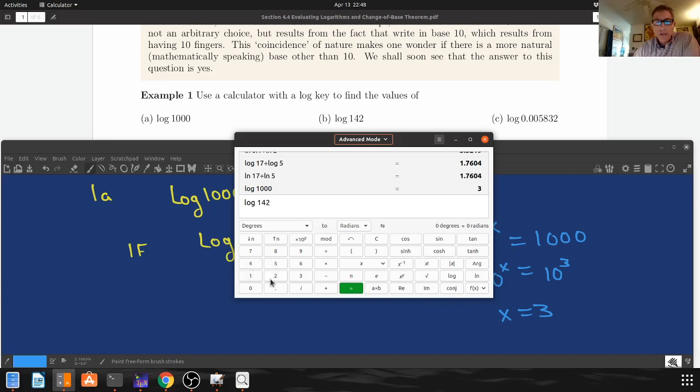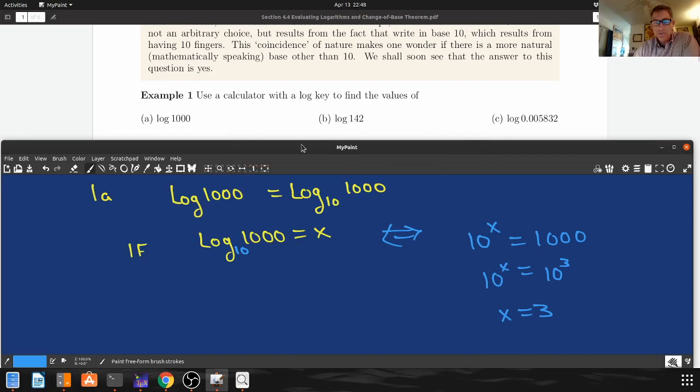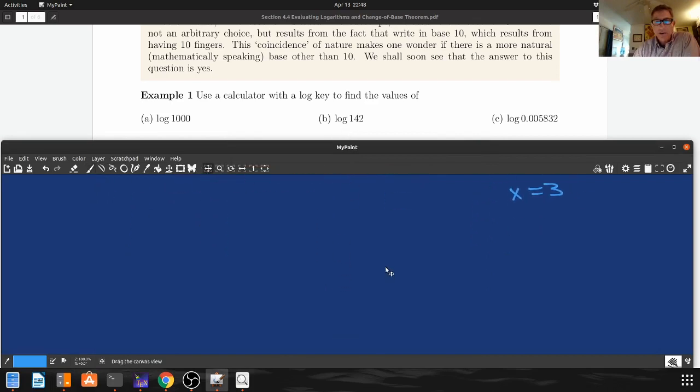Let's think about this for just a second, because I don't expect you to know the answer. Just entering a number in a calculator is way too easy. It implies no math whatsoever.